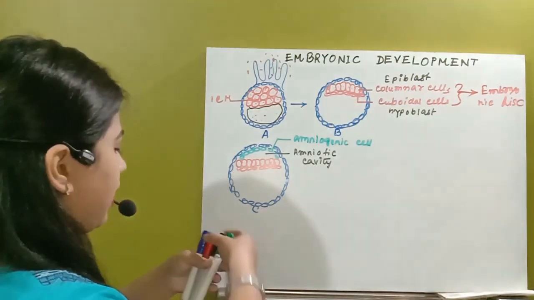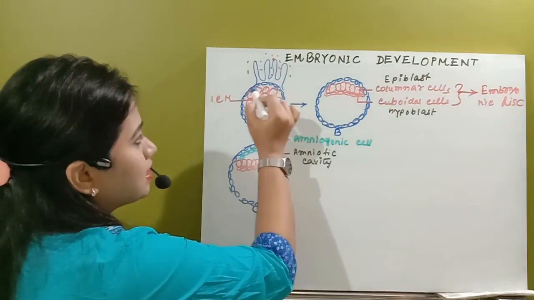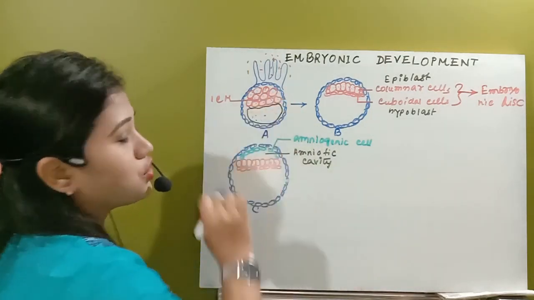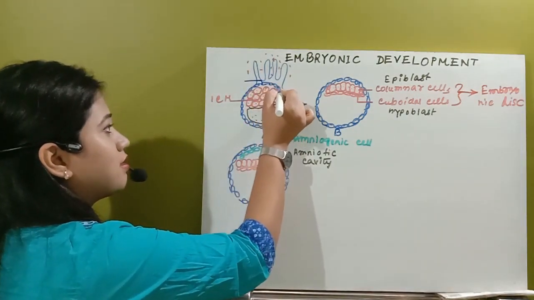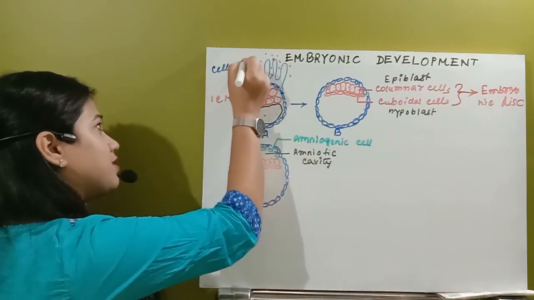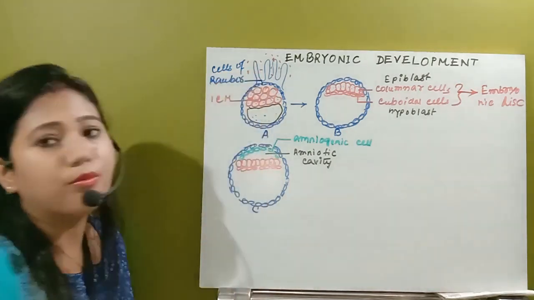One more thing I have to tell you: those trophoblastic cell layer cells which come just above the inner cell mass, suppose from here to here, are known as the cells of Rauber, or we can also call them the Rauber cells.